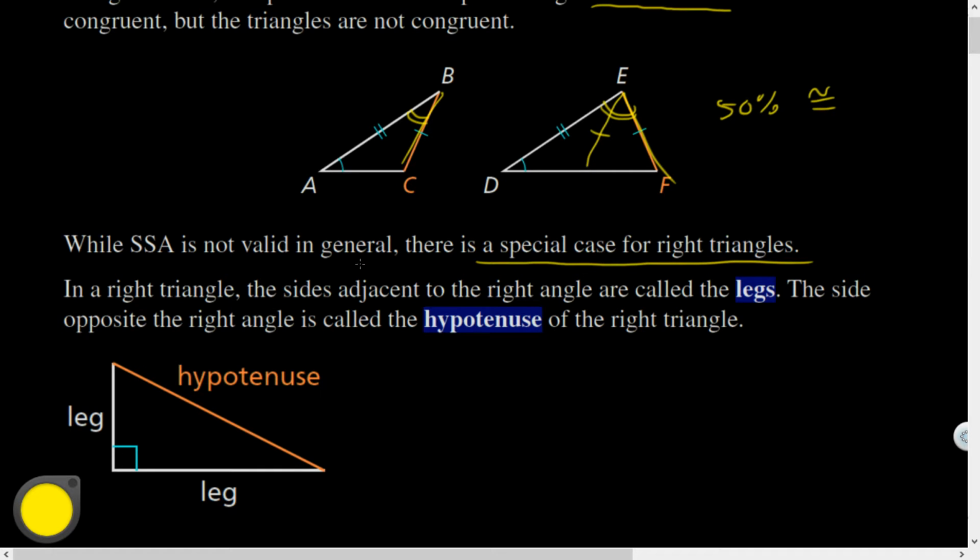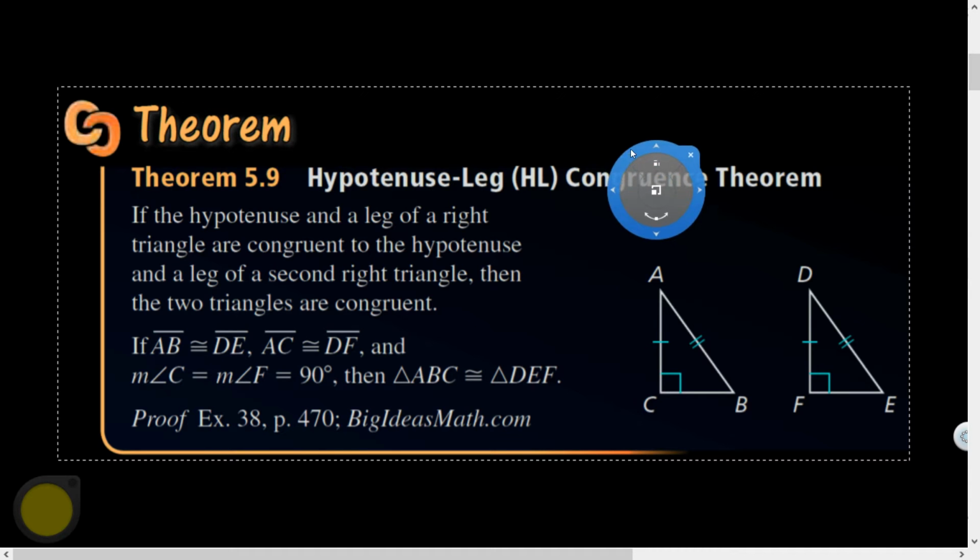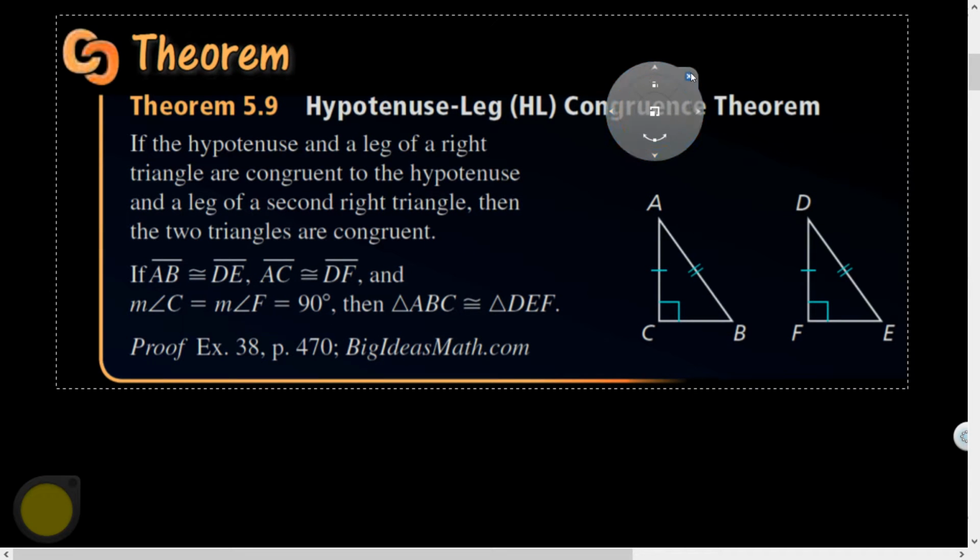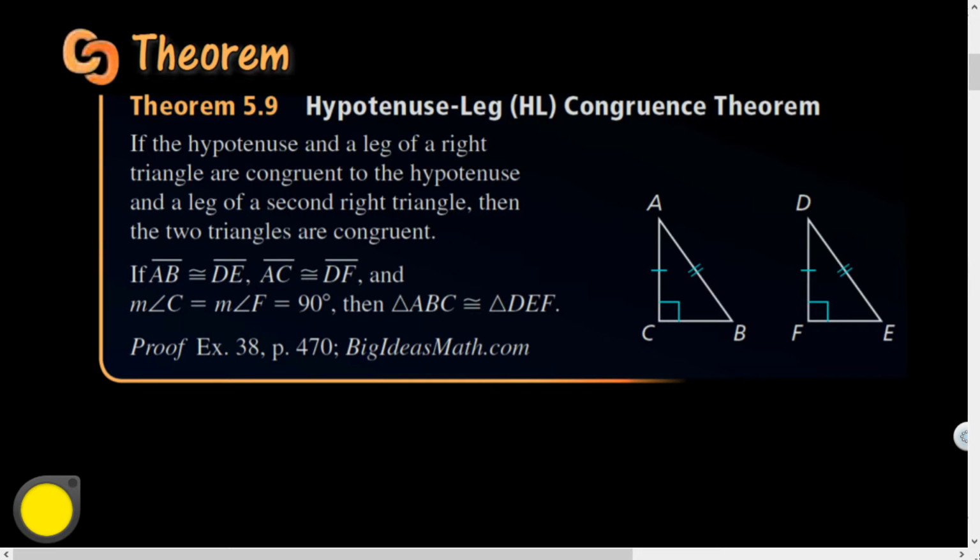For right triangles, it works. And it's called the Hypotenuse Leg Theorem, also known as HL. Half-Life 3 confirmed. All right, Isaiah, you with me? Don't distract my students now, Isaiah. Theorem 5.9, Hypotenuse Leg Congruence Theorem, HL, which is, notice, a side-side-angle.